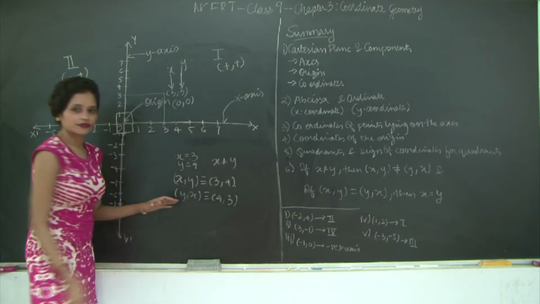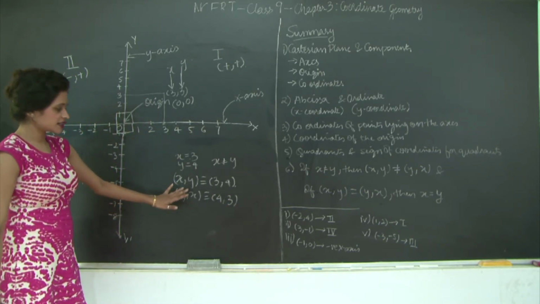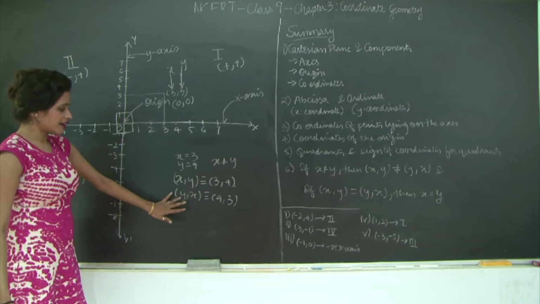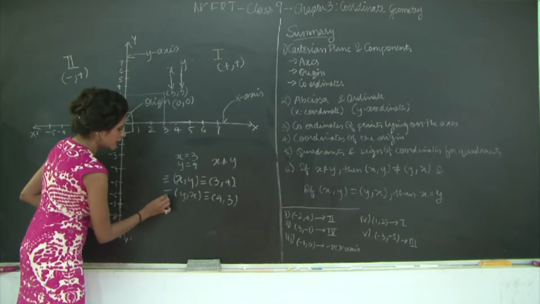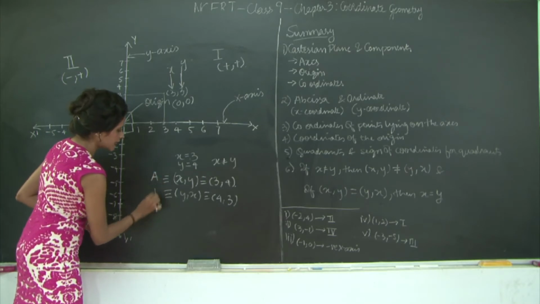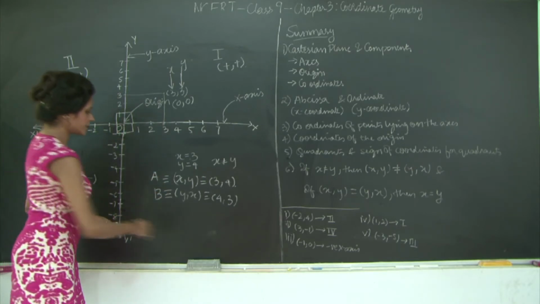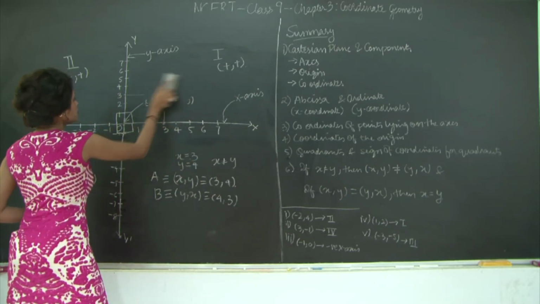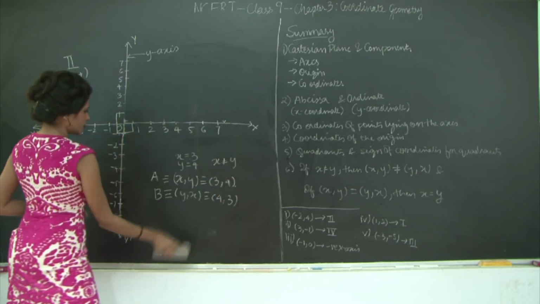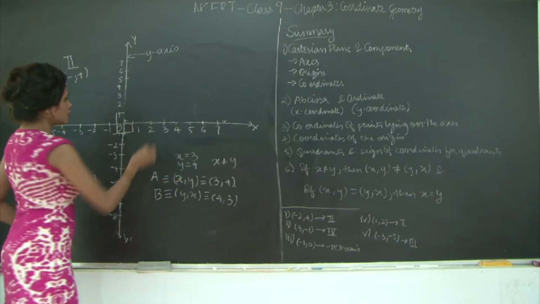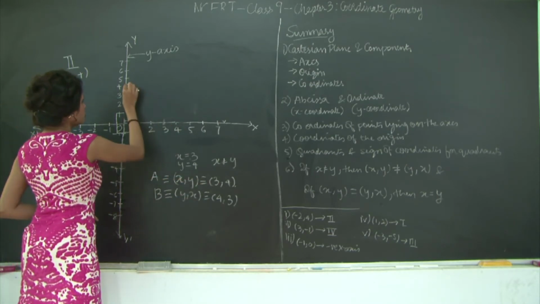Now do not get confused about which axis I am plotting on. For simplicity, I'll name these points. I'll call this A and I'll call this B, right? So A is 3, 4. I have 3 here and 4 here.